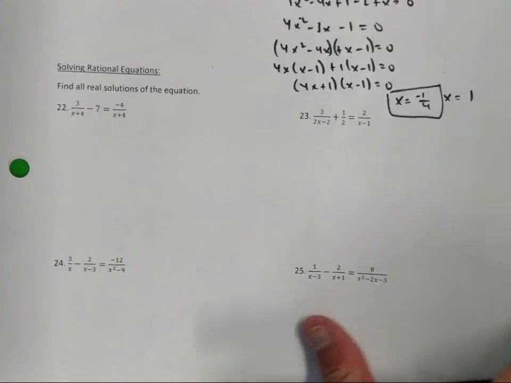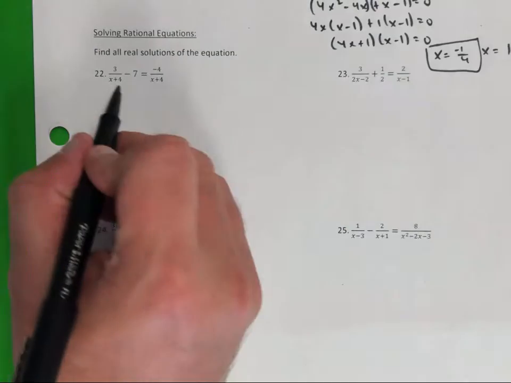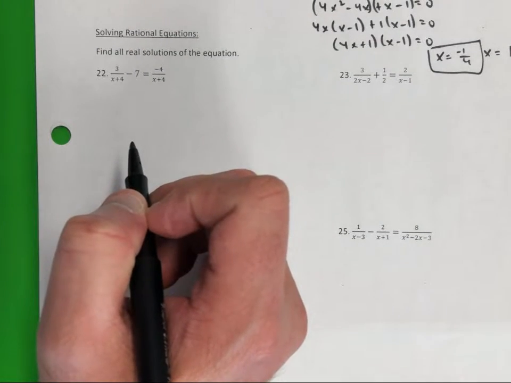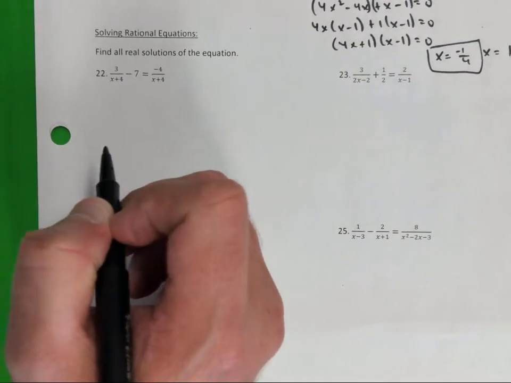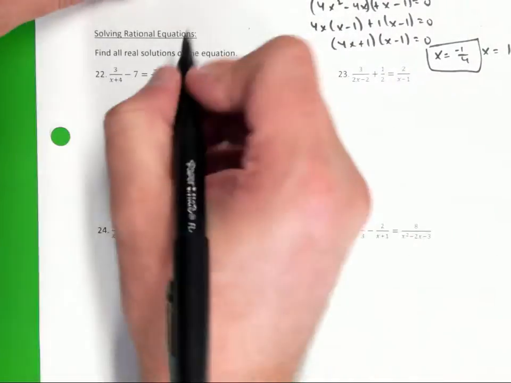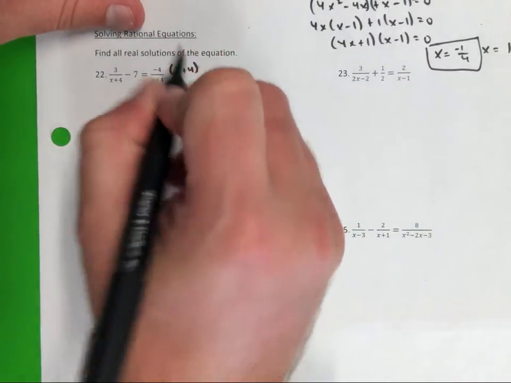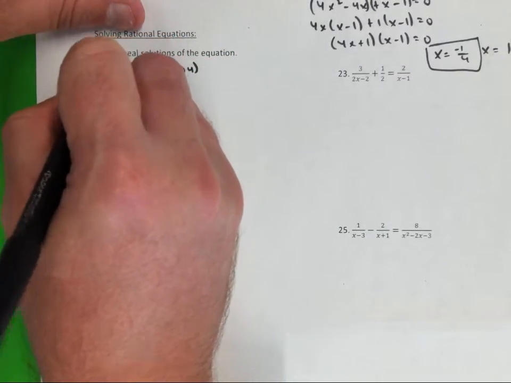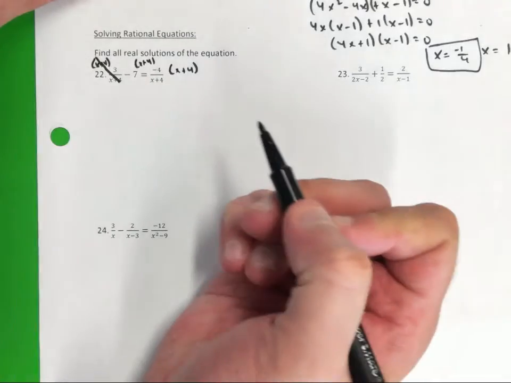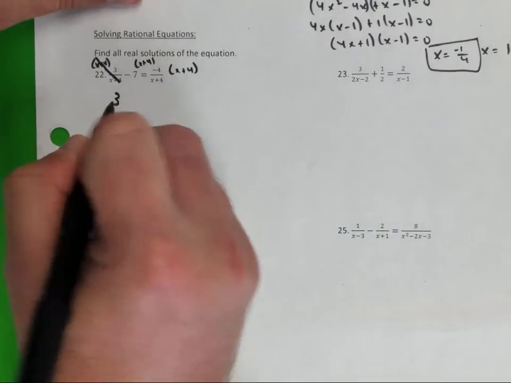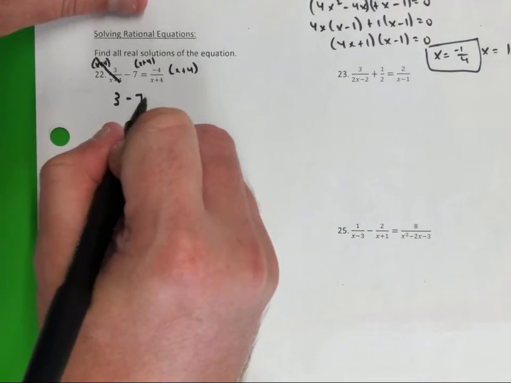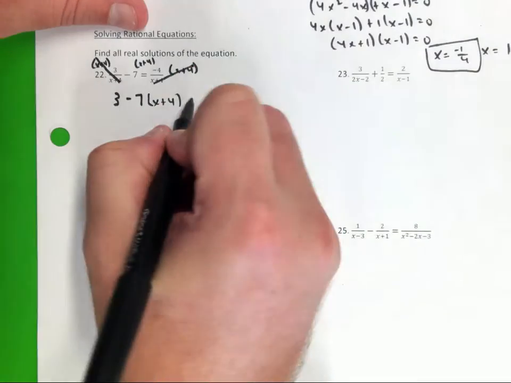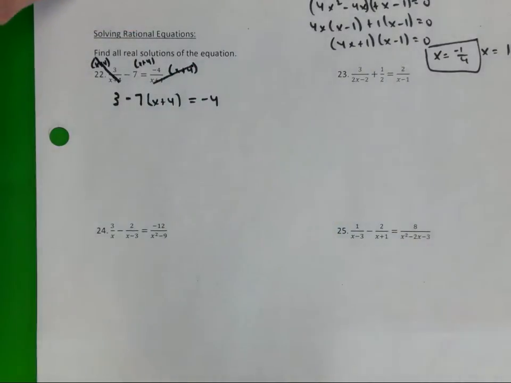Okay, hold on. All right, on number 22, I look at my denominator. What's my denominator? Well, that's my common denominator. So I'm going to multiply everything by x plus 4. Well, these cancel out, and I'm left with 3 minus 7 times x plus 4. These x plus 4s cancel out, I'm left with negative 4.